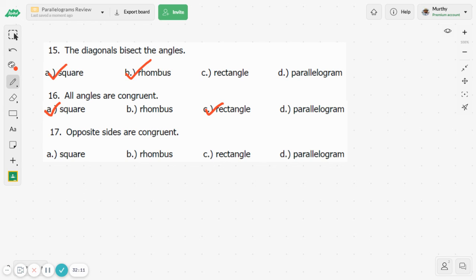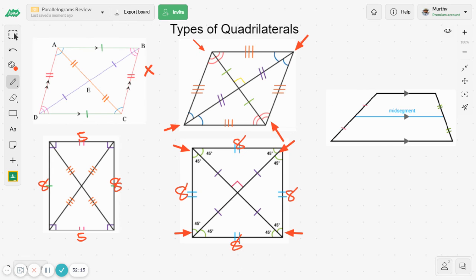Opposite sides are congruent. In fact, if you take any of these except trapezoid, in the other diagrams, opposite, this is equal to this one, right? This is equal to this one. So in a rhombus, opposite sides are equal.